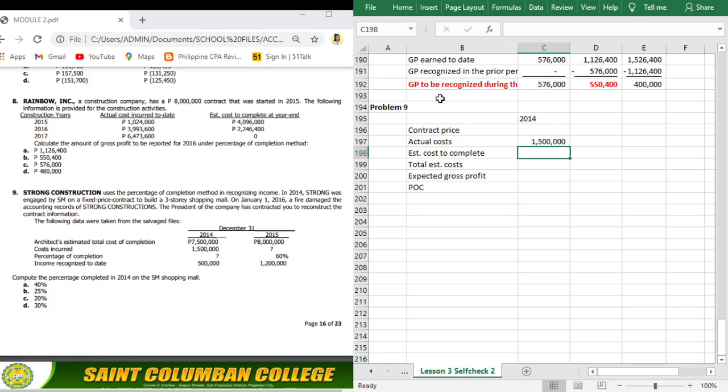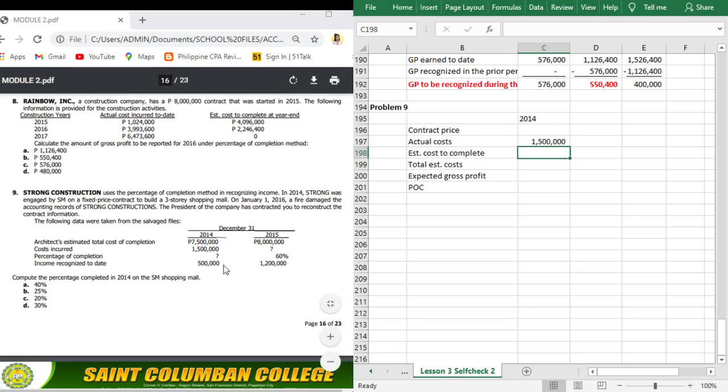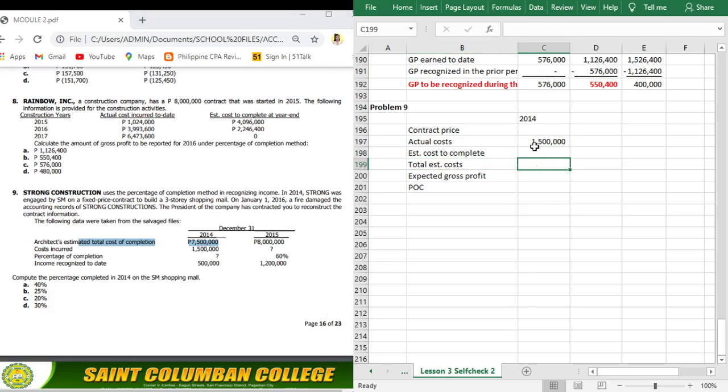Now, naa naman tayo estimated cost to complete, so the total estimated cost of completion is already 7,500,000. So, from that, we can already get the percentage of completion, 1,500,000 divided by 7,500,000. That is 20%. So, you can then get letter C, 20%.